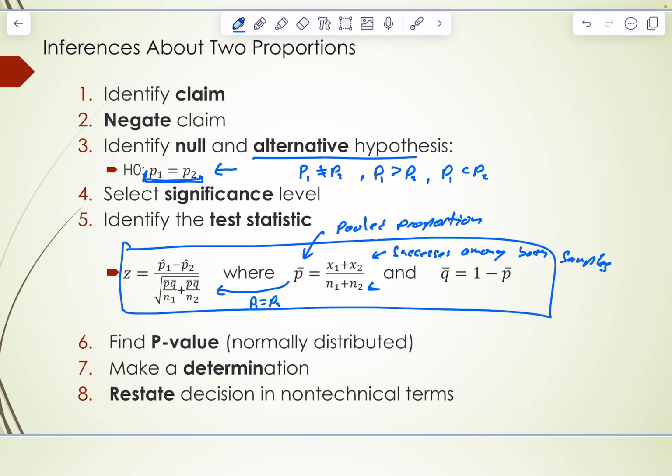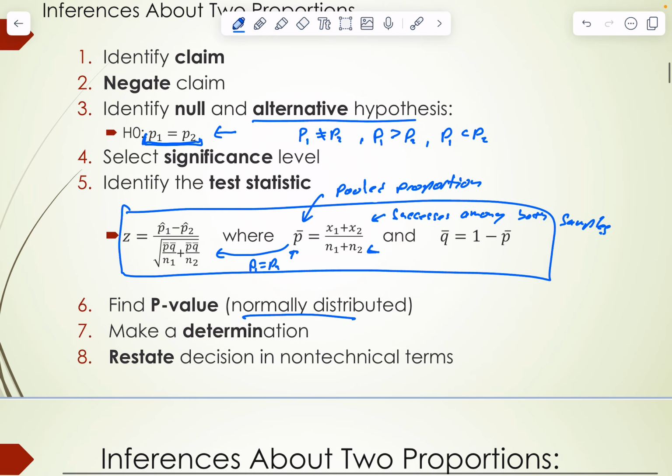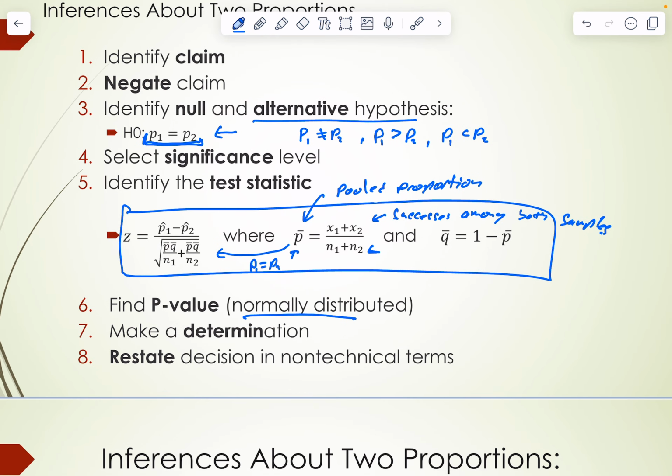We're assuming this. If that's the case, then they're both going to equal P hat. Okay. And then we find the p-value. It's normally distributed, so there's no degrees of freedom we need to worry about. And then we just make a determination. We restate the decision in non-technical terms.